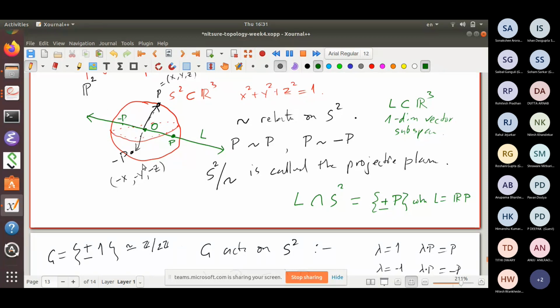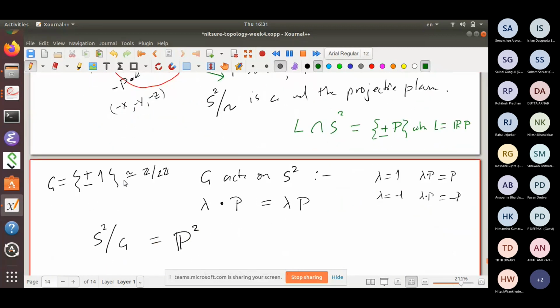Okay. So somebody drawing a three-dimensional realistic picture would have shown a dotted line. So let me show a dotted line. This is minus P, and then dot, dot, dot, dot. All these parts are inside the sphere, and this is the origin, O.